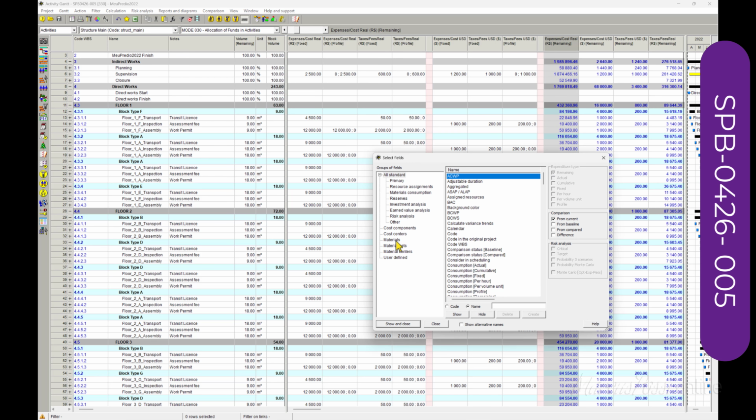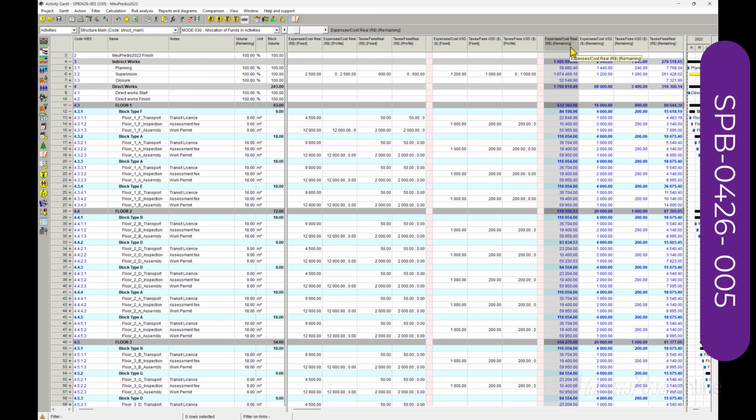Okay. Cost components, expense, costs remaining. I cannot understand this sum here. Expense cost real fixed. Not fixed per volume. Oh my God. Let's read together.